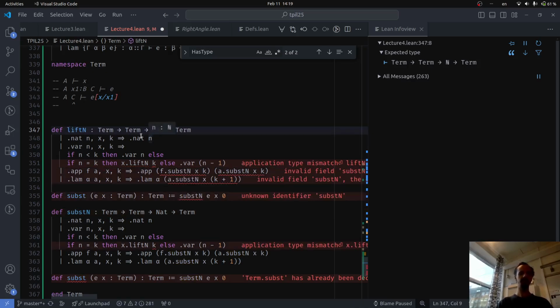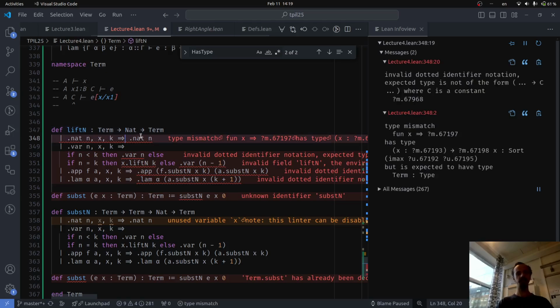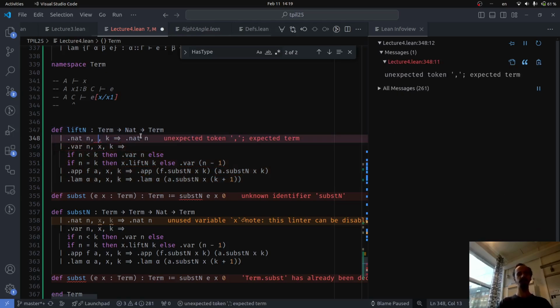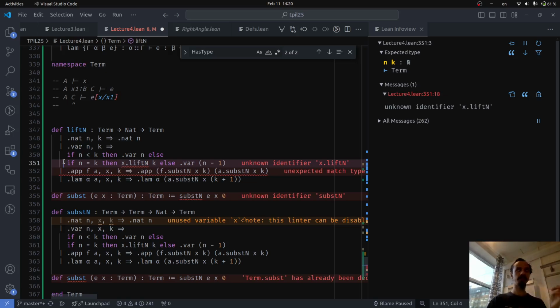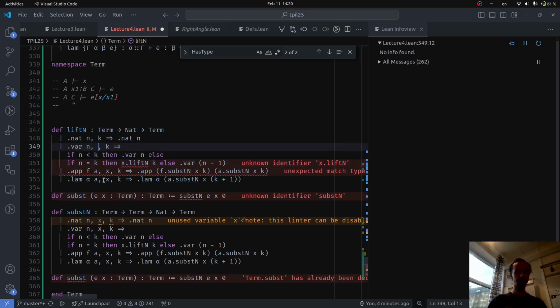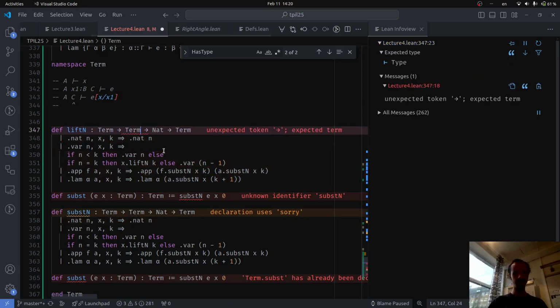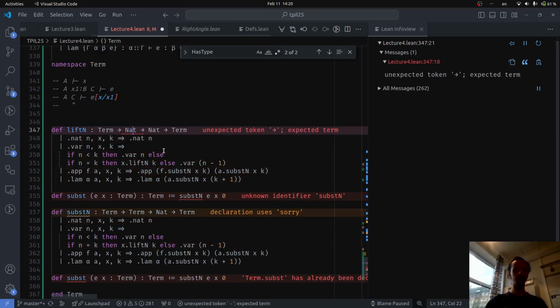Lifting is an operation which takes a term and a natural number, and then it raises all the variables by that much. And it raises all of the variables, that's a lie. It takes two natural numbers because it has to go under binders too.